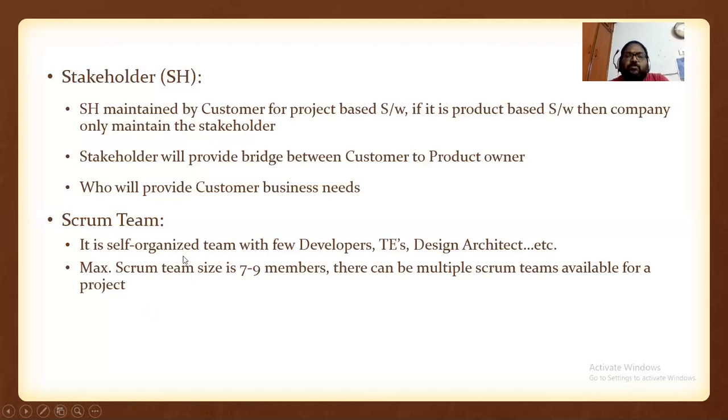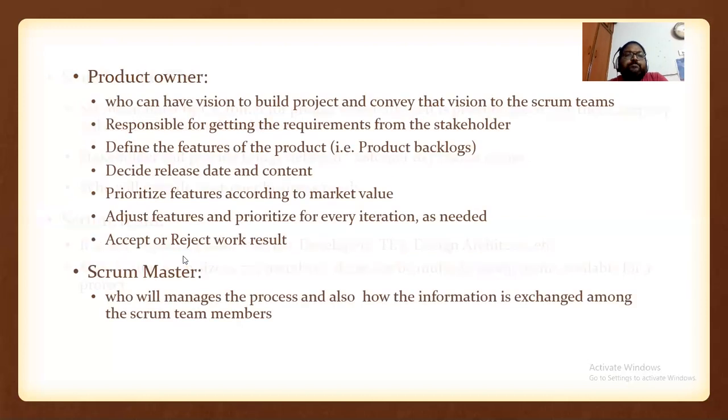So different teams are going to be involved here. Now, the product owner is the person who has the vision to build the project and conveys that vision to the Scrum teams. In simple terms, we can say the product owner is nothing but the project manager in the V model.